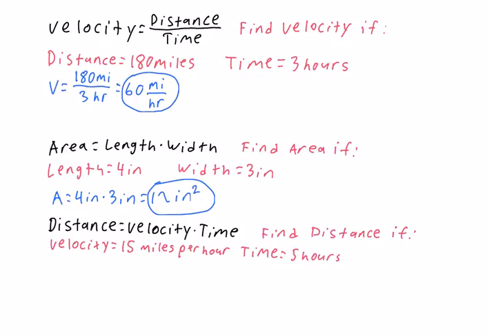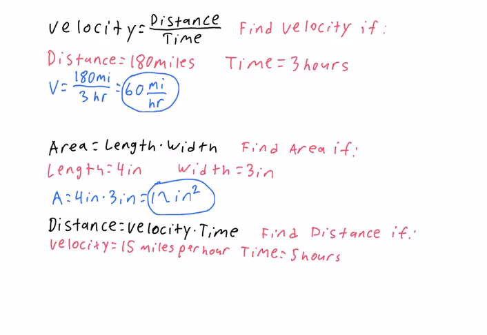Alright, now we have distance equals velocity times time. Very similar to this one up here, but it just got changed around a little bit. So, if distance equals velocity times time, find distance if velocity is 15 miles per hour and time is 5 hours.